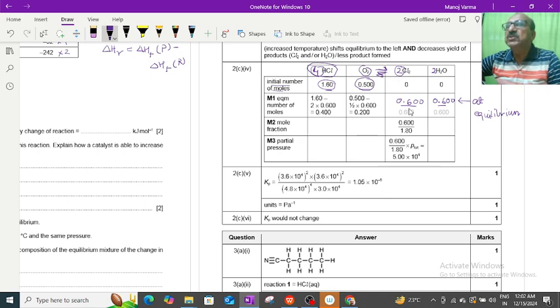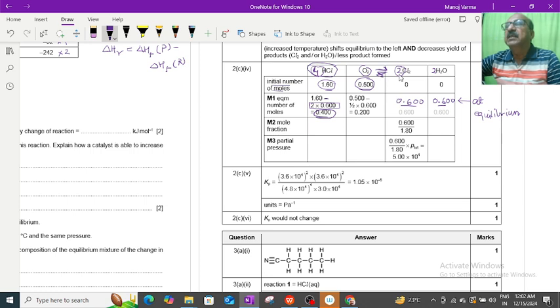So to form 0.6 moles of chlorine, we must use twice the amount of HCl, 2 times 0.6, and this amount of HCl is being used up. So the amount present at equilibrium will be 1.6 minus the part which has been used, which is 2 into 0.6 because of the stoichiometry. So the amount of HCl which now remains at equilibrium is 0.4.